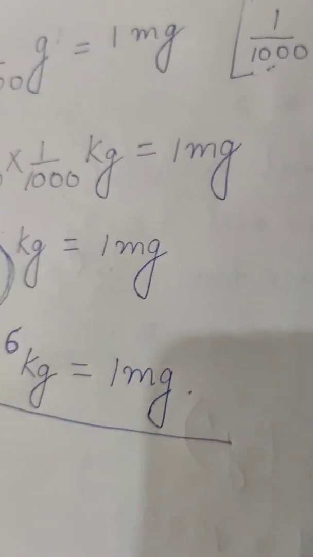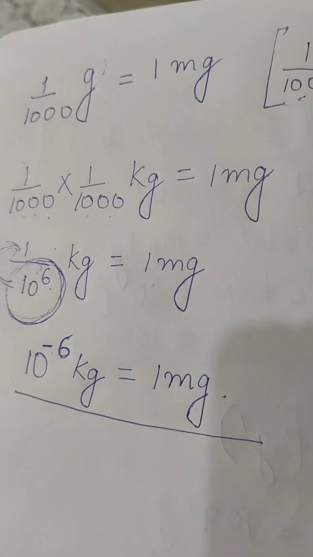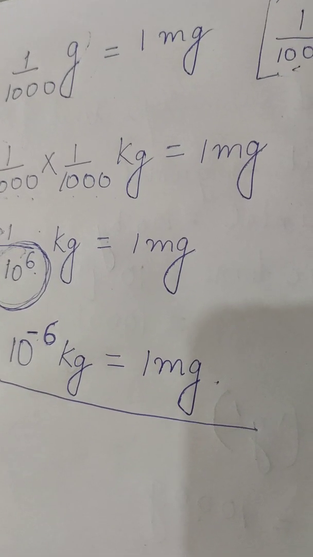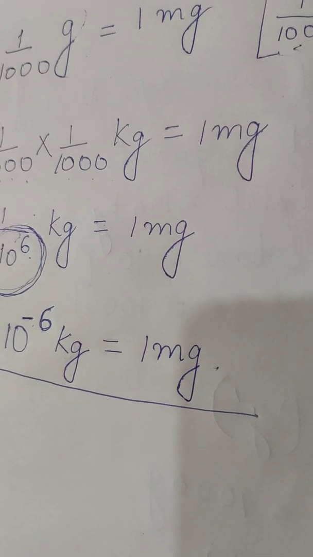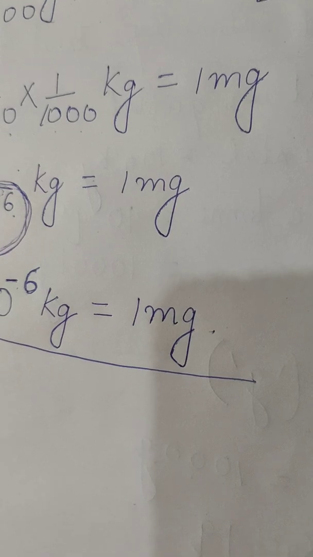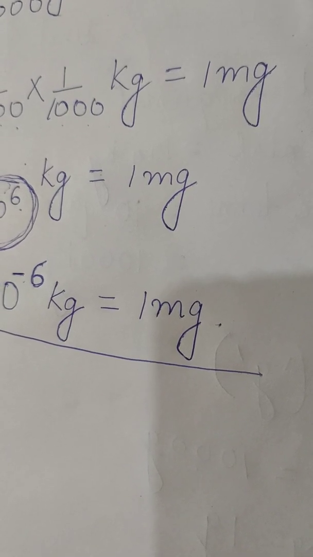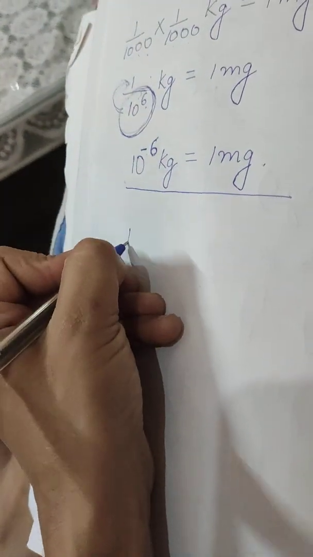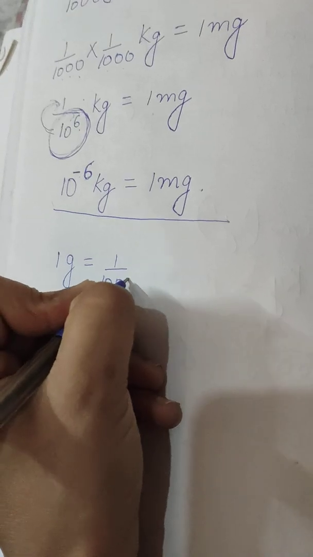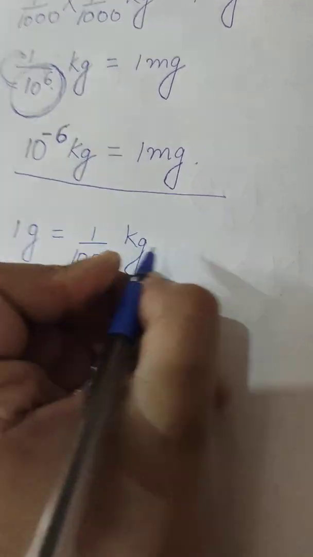Now let's read it from your book what they are saying. In your book we have the bigger units, smaller units, and in the box they also represent grams as 10 raised to power -3 kg. What have they written? 1 gram is equal to 1/1000 kg.